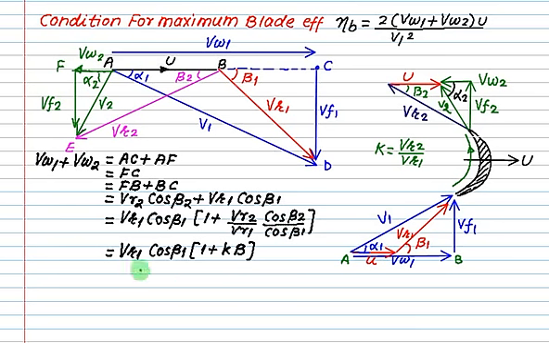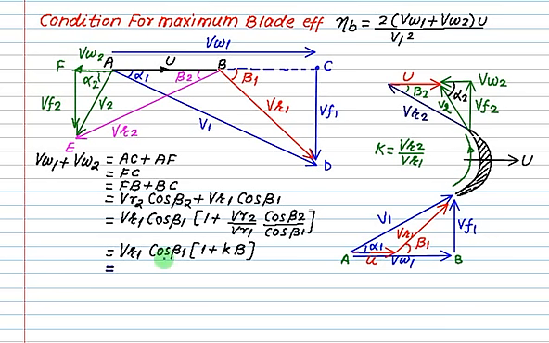But if you write the equation this way, there is still no advantage as compared to the equation of eta B, because it does not contain any VR1. So we will try to write this VR1 in terms of what? Or VR1 cos beta 1, that is BC. Can we write this term BC as VW1 minus U? And then can we write VW1 in the form of V1 cos alpha 1, so that my denominator will get cancelled.